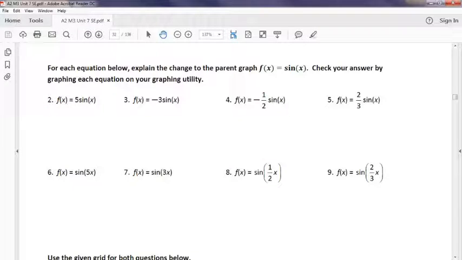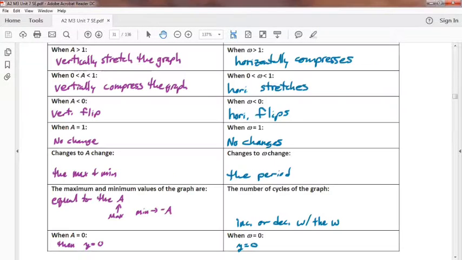Go. Wait. So I realized something as I was walking around. Some of you guys are kind of confused with the fractions and negatives. We should probably fix this chart right here so that this says the absolute value of A. If the absolute value of A is greater than 1, then you have a vertical stretch. If the absolute value of A is between 0 and 1, then it compresses.